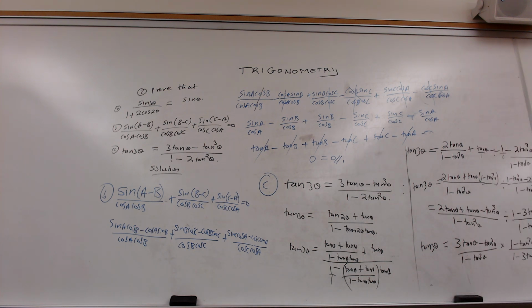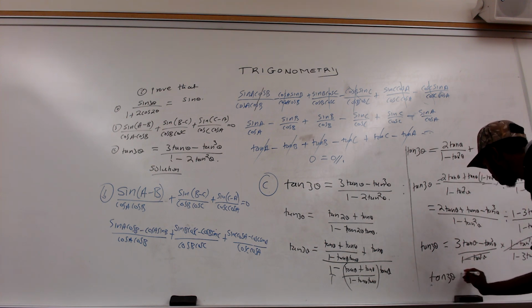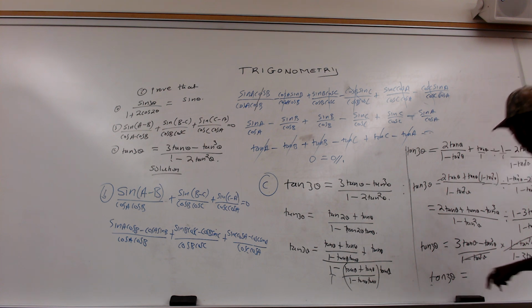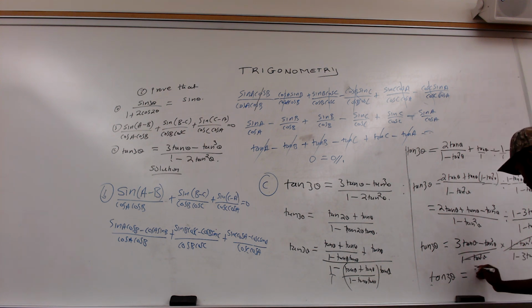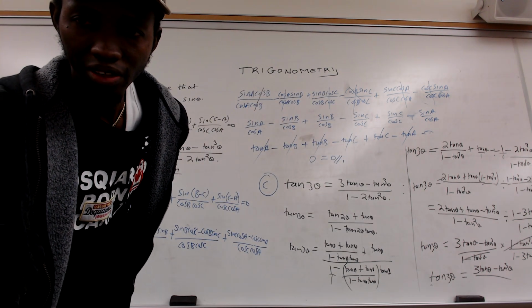So we find that this value will cancel this value. The expression for tan 3 theta is the top, 3 tan theta minus tan cube theta, divided by that value.